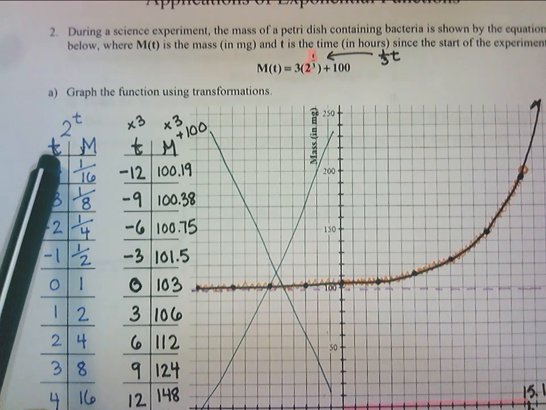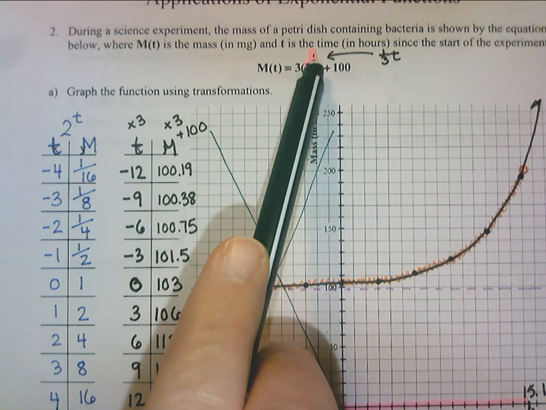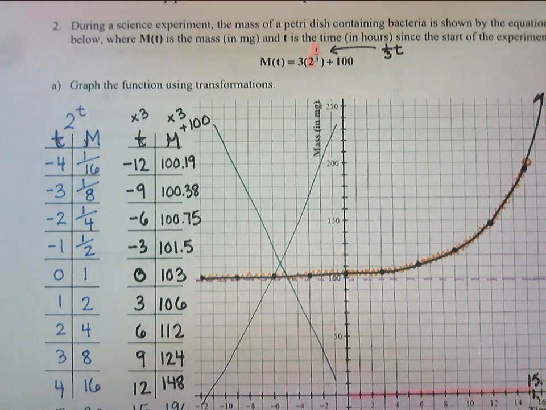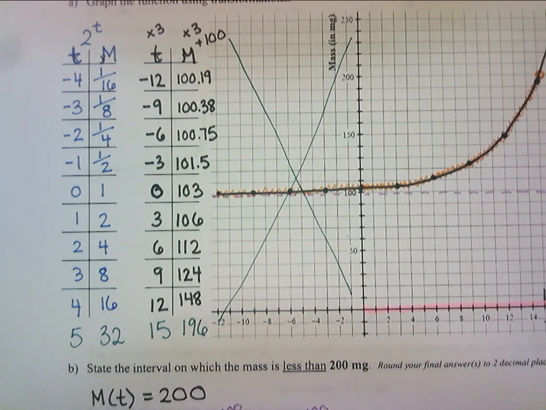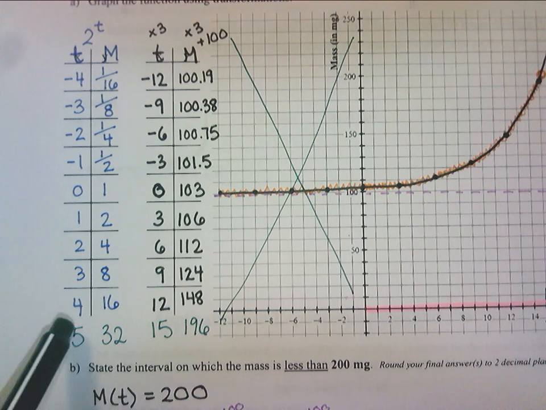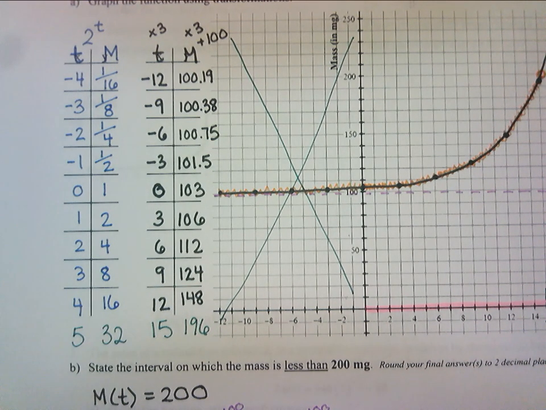Now I originally had put x and y in the table. I changed that to t and m to match the letters, but you could also leave it as x and y. So for my 2^t, I did all the numbers from -4 to +4. And then I calculated by doing 2 to the power of each of those numbers.